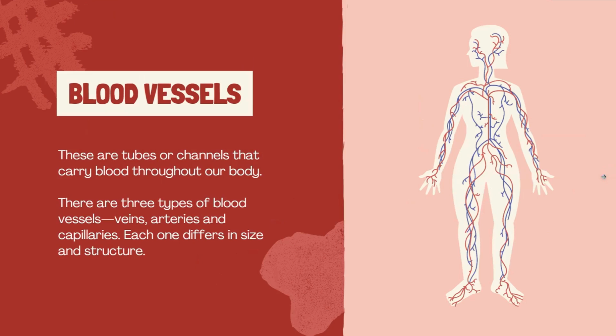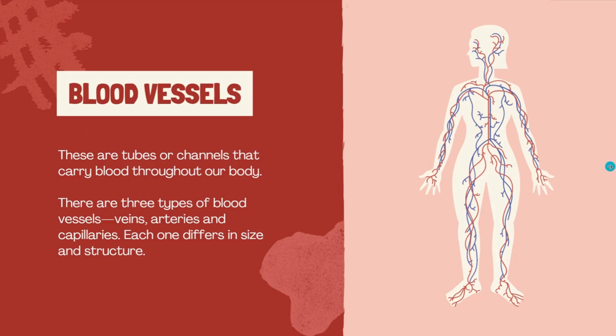There are three types of blood vessels, namely veins, arteries, and capillaries. Each one differs in size, each one differs in structure.